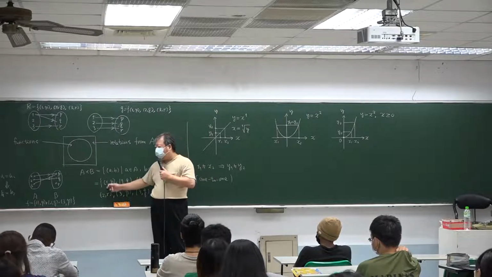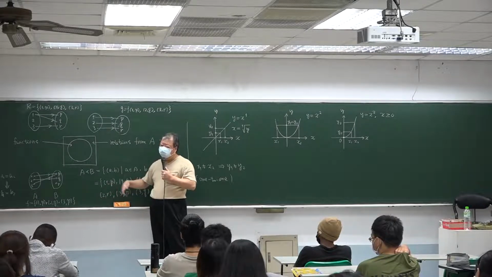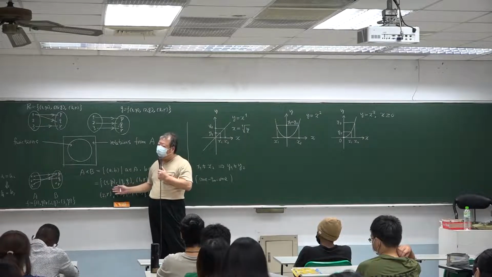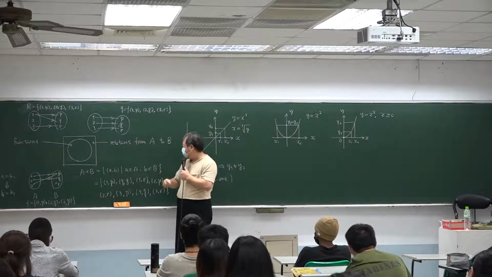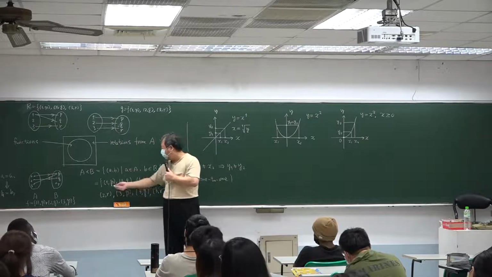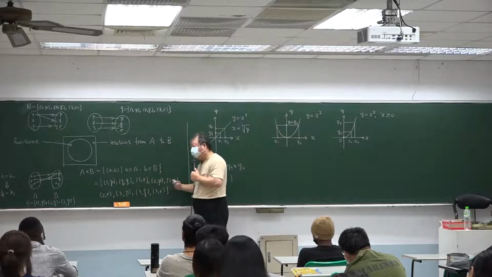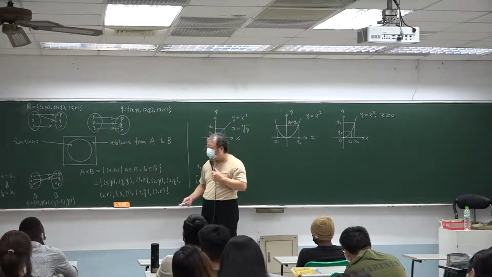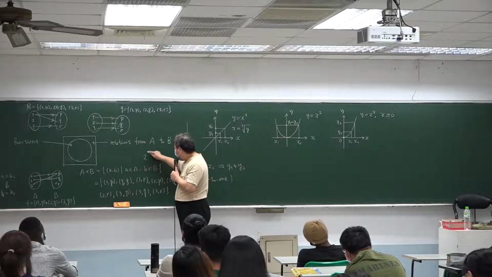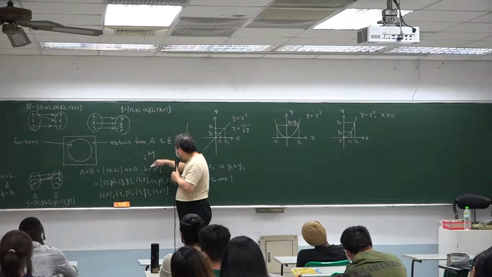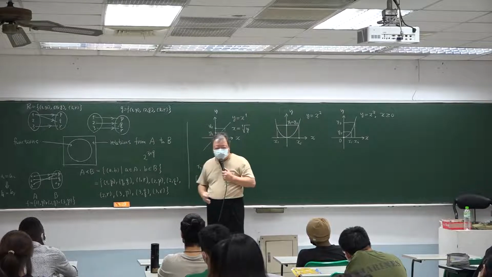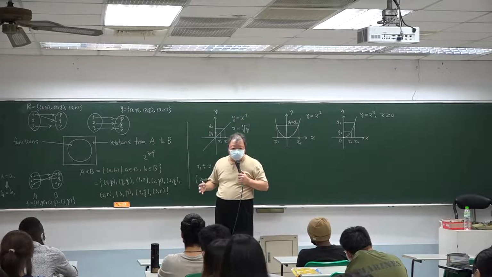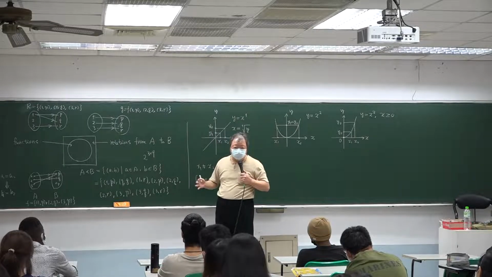So selected or not selected, chosen or not chosen. So 2 times 2 times 2 times 2, that is 2 raised to the 9th power. Such many relations. I mean, any possible relation.